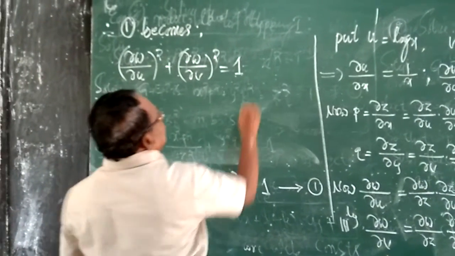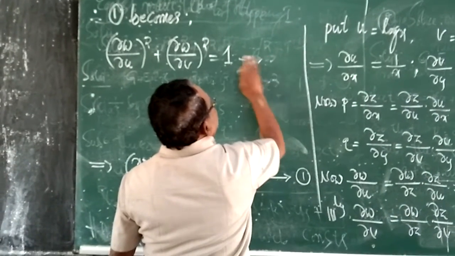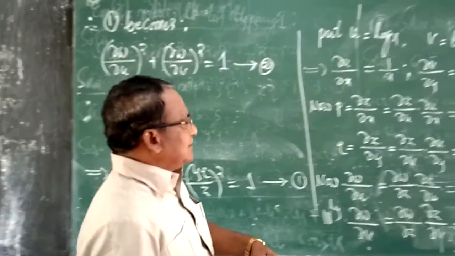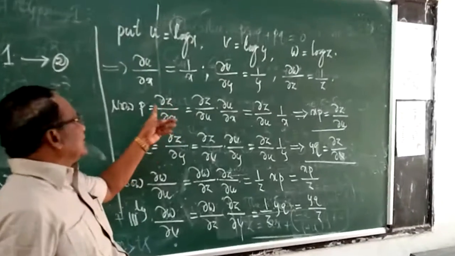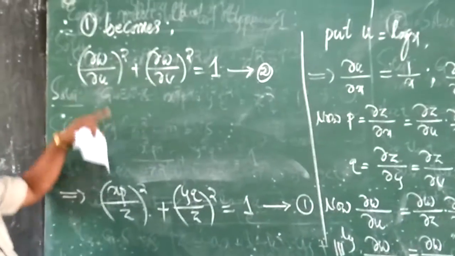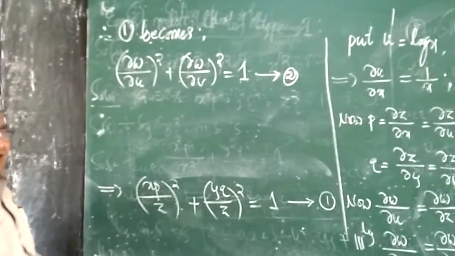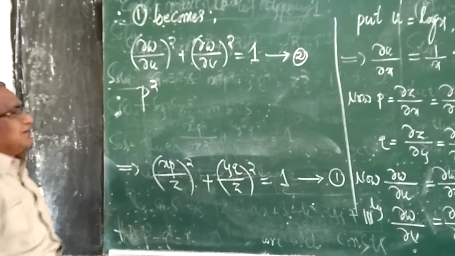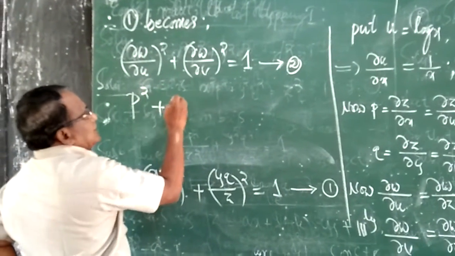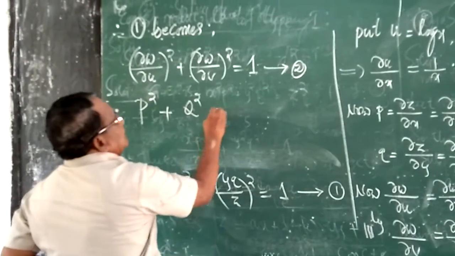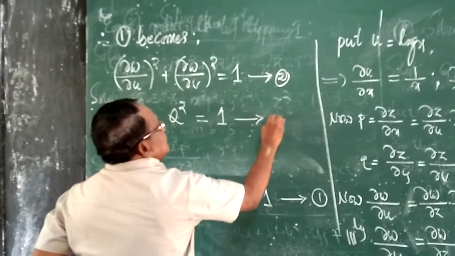Call this equation number 2, where previously we denoted dou z by dou x by small p and dou z by dou y by small q. Now let us denote dou w by dou u by capital P, and dou w by dou v by capital Q, so P square plus Q square is equal to 1. Call this equation number 3.